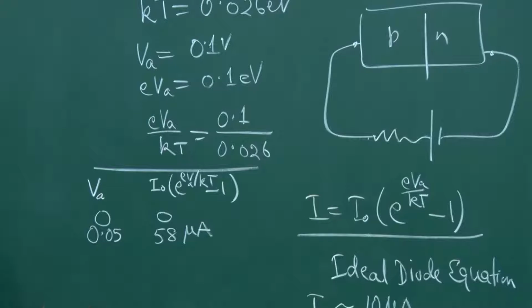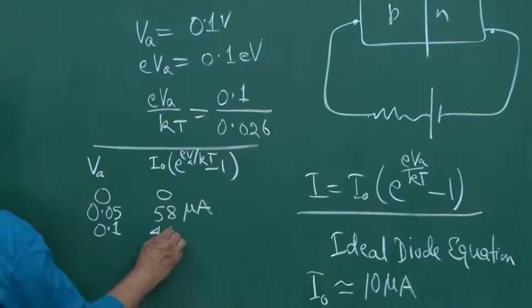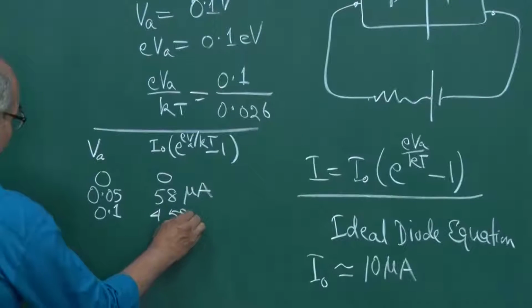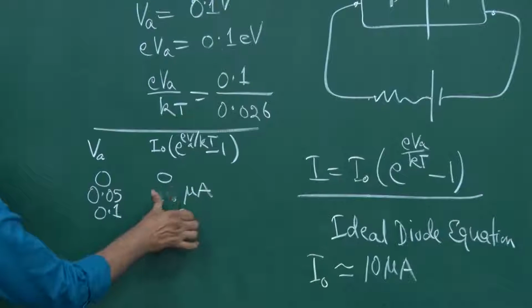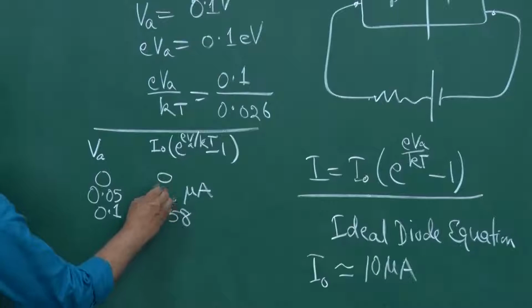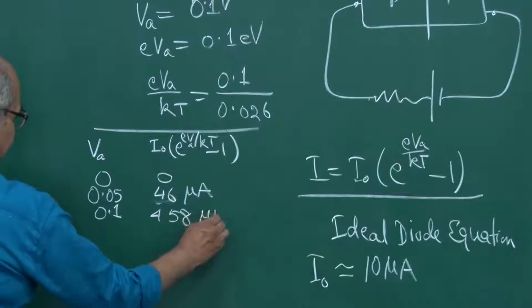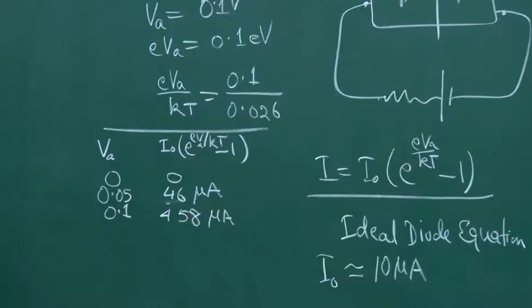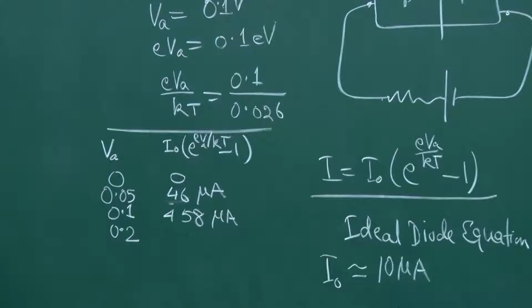If you take 0.1, then it becomes 458 microampere. This is not 58. This is 46.